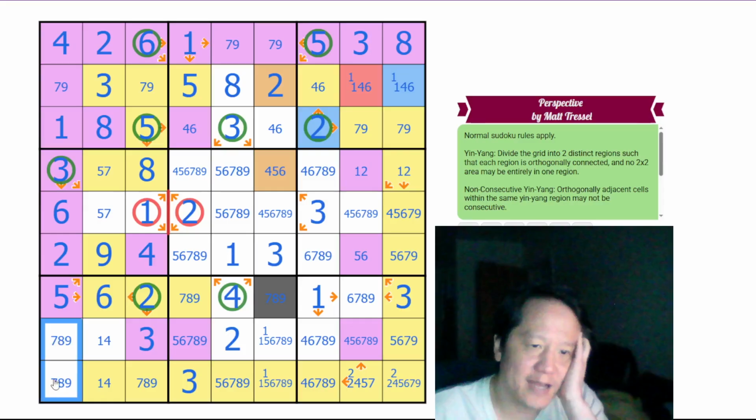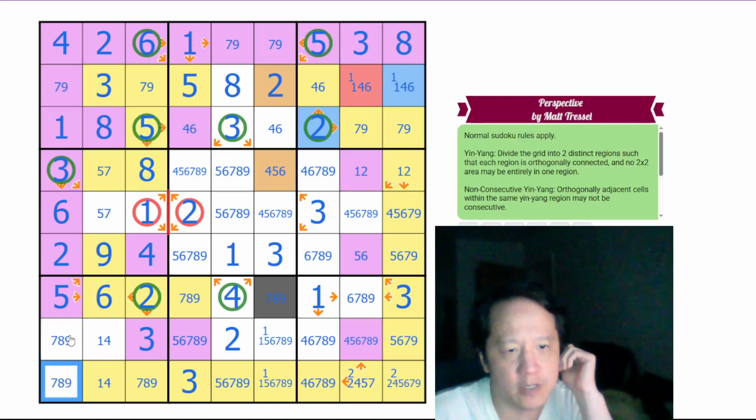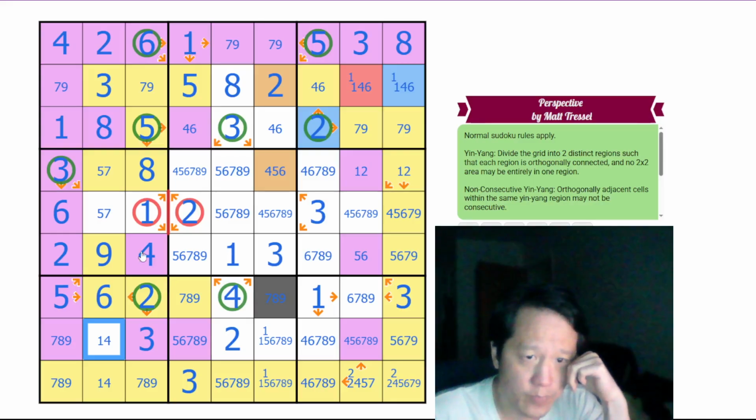So this has to be 8 with 7 or 9, which means these cannot be the same set. So we have to have one pink and one yellow here. If this were pink, this were yellow, the pink would not orthogonally connect, so this must be yellow here, which makes this pink here. Okay. These are different sets.